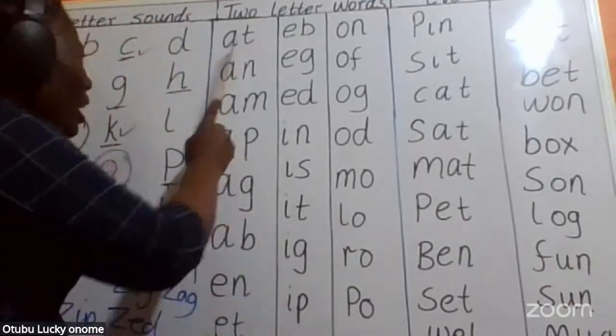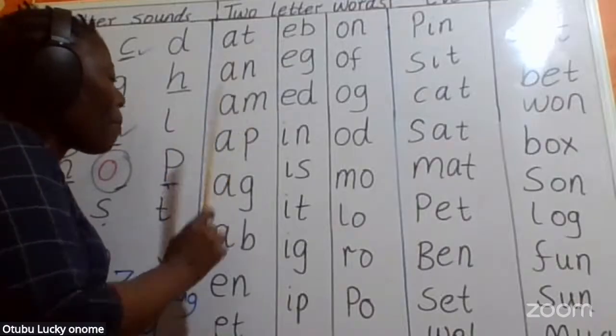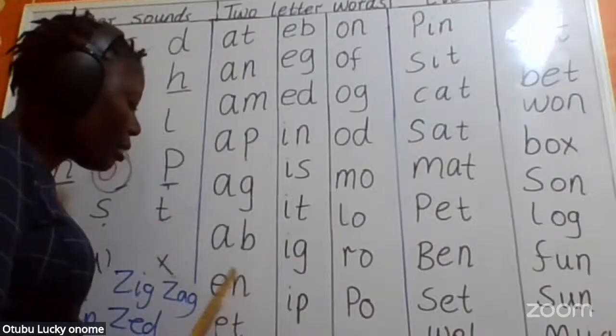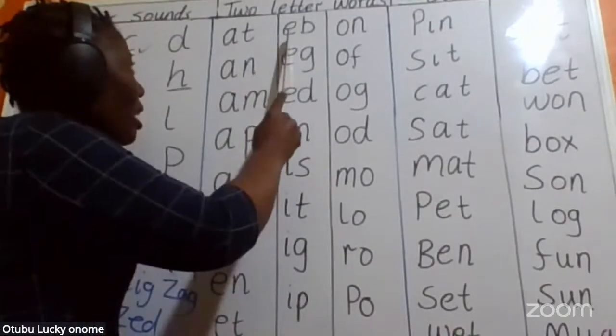We have at, an, up, ag, ab, en, et, ebb, egg.